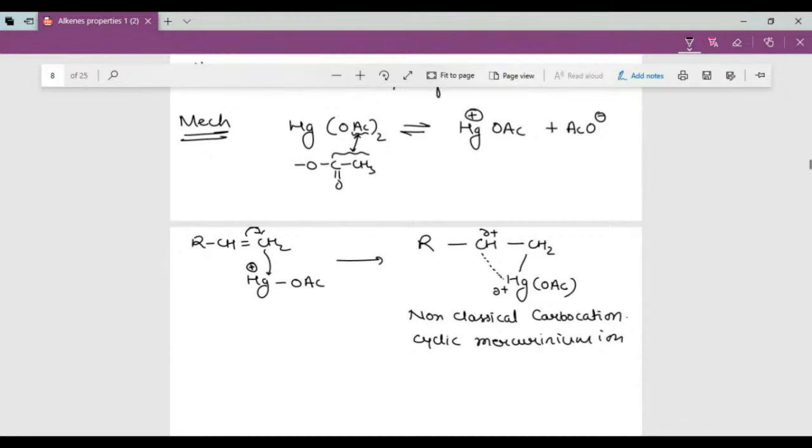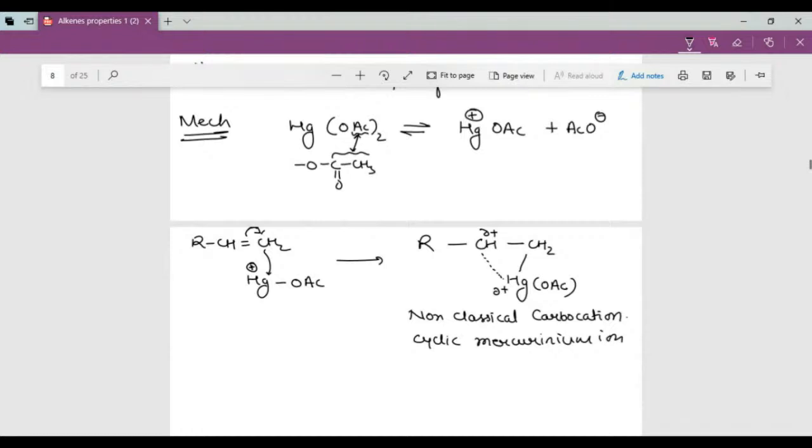We yesterday studied that in this non-classical carbocation, the two bonds connected to carbon in the three-membered ring are not of equal strength. The bond which is connected to the more substituted carbon will be relatively weaker. If it is relatively weaker, it is the site which will be attacked first by the reagents.